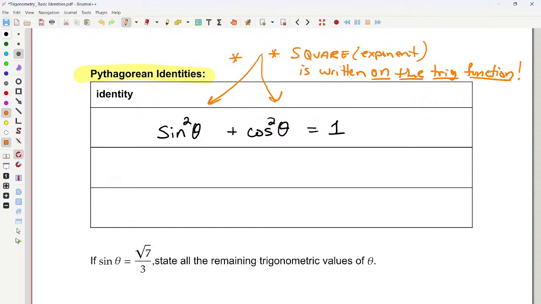Quick note on the exponent. If you've seen it before, you're used to it. If you haven't, it's just the way it's written. You put the exponent on the trig function, not over here. Reason being, historically, it caused confusion.